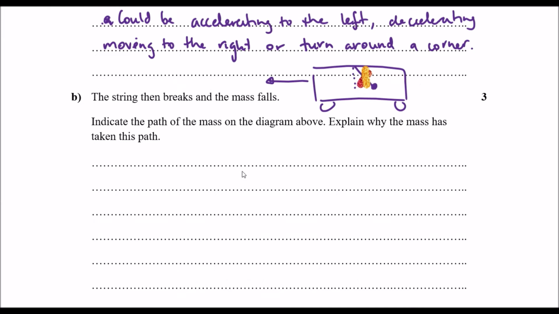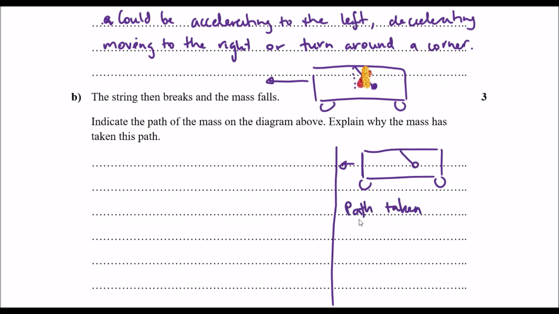Technically speaking, if I try and draw a path, the path would look like this. The train is moving in that direction, the pendulum is like that, and the pendulum is going to fall in this diagonal direction down like that.